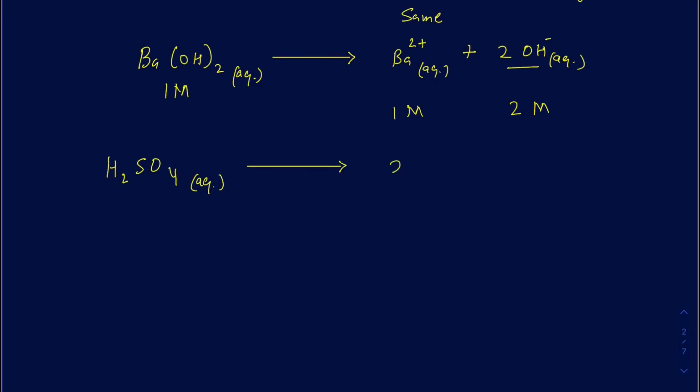This can produce 2 hydrogen ions and SO4 2 minus. When you're losing these hydrogen ions, it takes place one at a time. You lose the first one and then you lose the second one. Both of them will not be lost simultaneously, but you do lose 2 at the end of the day.